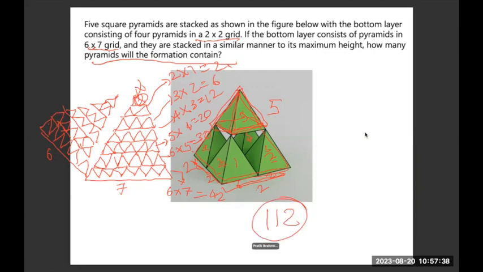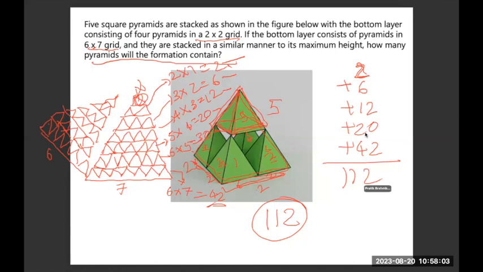If I add all the numbers, 42, wait. 2 plus 6 plus 12 plus 20 plus last is 42. 2 will be in the last row here, then 6, then 12 plus 20 plus 30, and then 42. Is that clear? Any doubts, any questions in this?